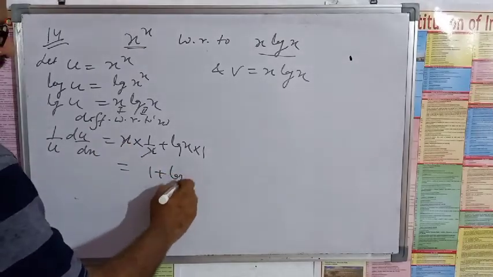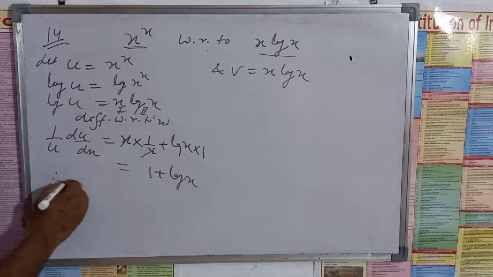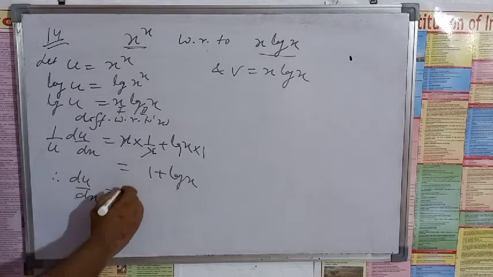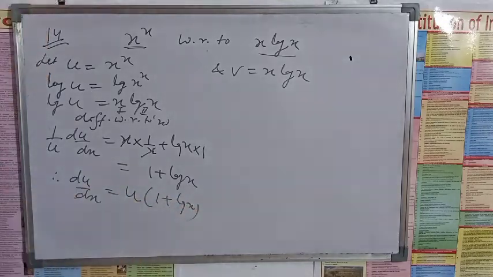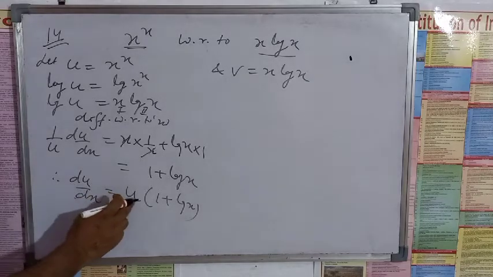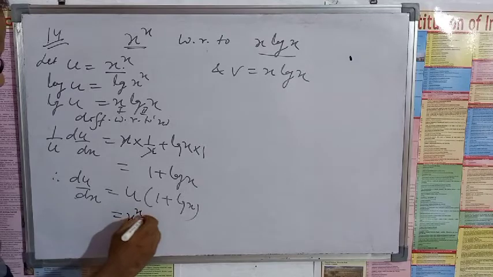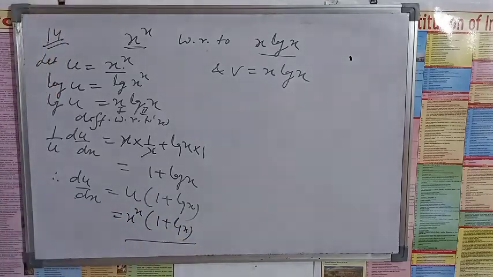So it is 1 plus log x. Therefore du by dx, cross multiply by u, is u times 1 plus log x. Put the value of u, means x to the power x. So we have found du by dx as x to the power x times (1 plus log x).